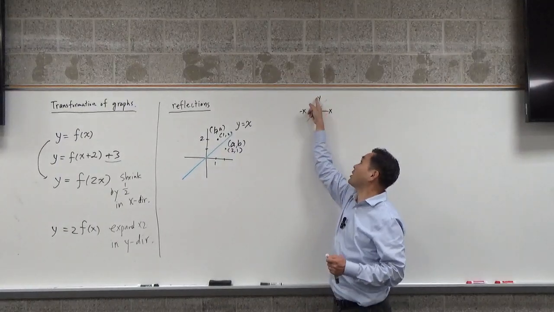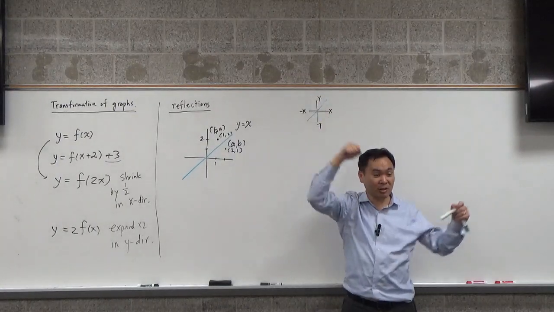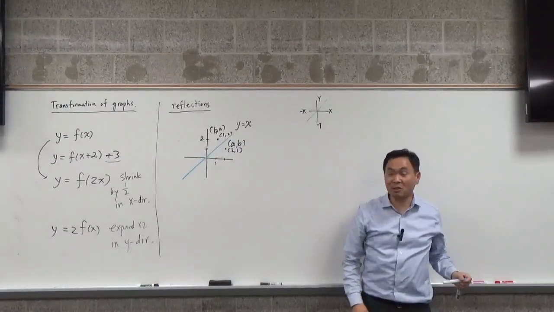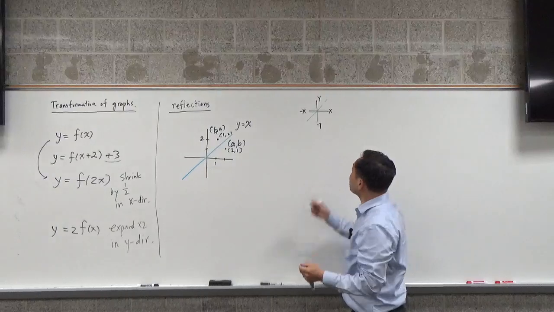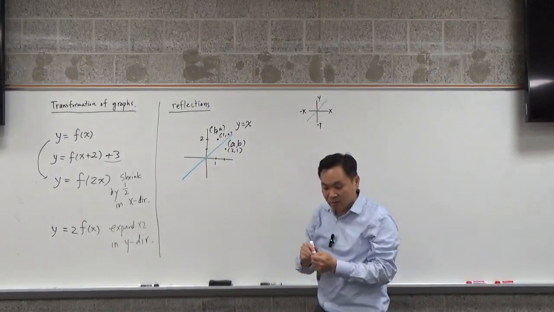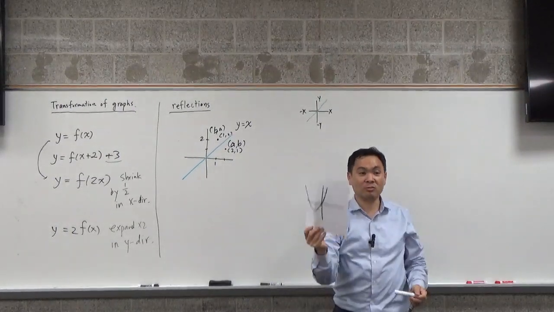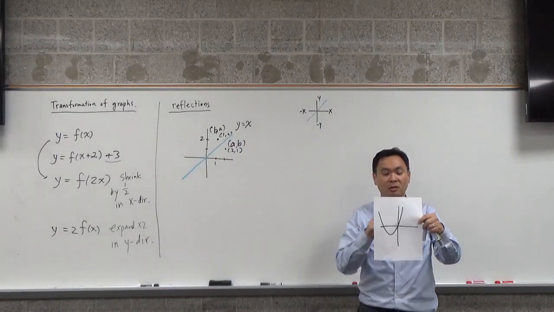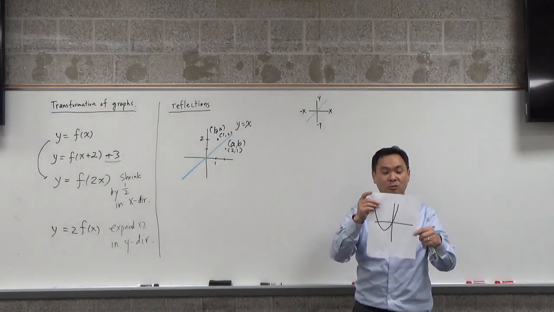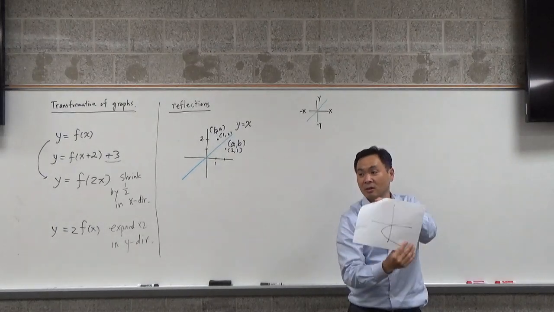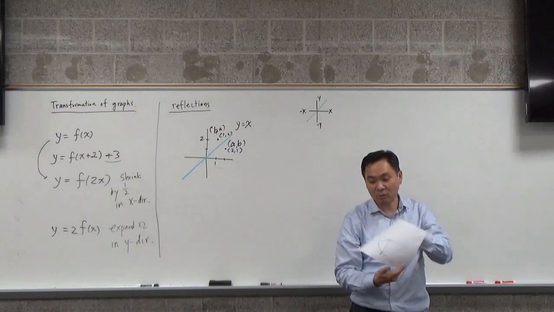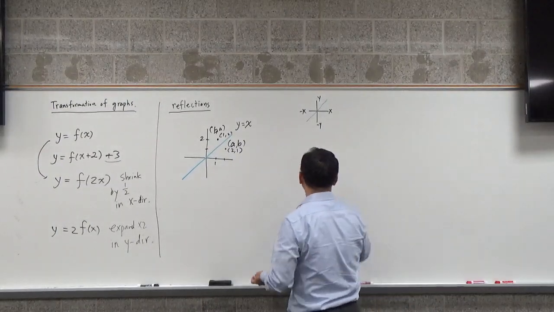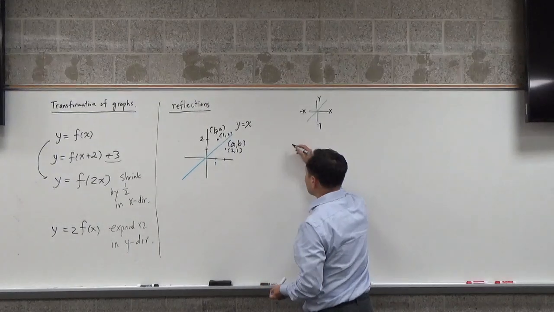So it switches like that: x becomes y, y becomes x. In other words, here's the 45-degree line and you're doing this. That's what reflection over y equals x does.